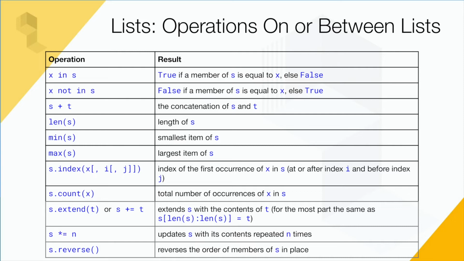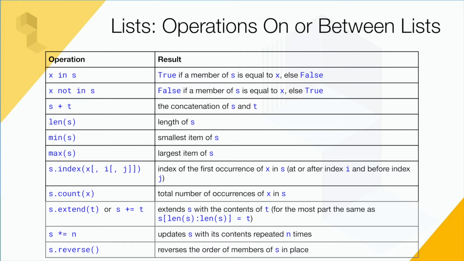We can get the index of the first occurrence of a value using the index method, just index. And we can count how many times a number occurs using the count method. We can extend a list by using the extend method.